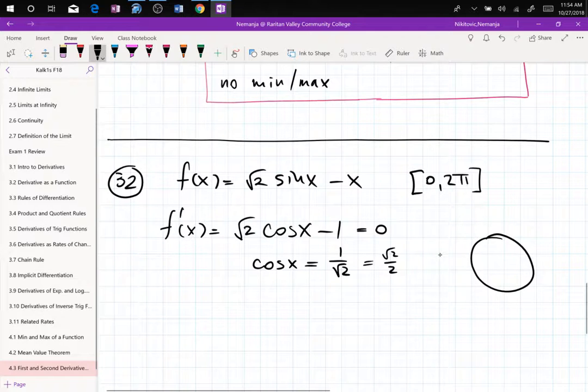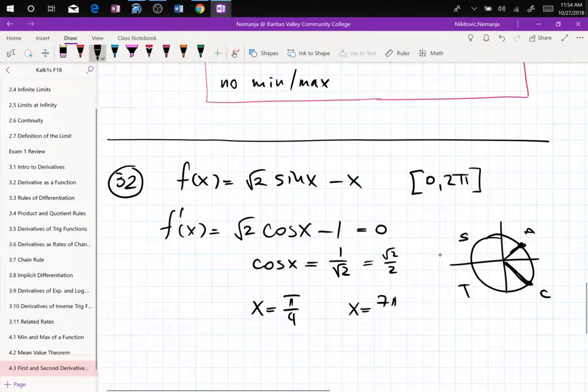Now, on the unit circle, all students take calculus. Cosine is positive in the first quadrant and the fourth quadrant, so these are our answers. We're looking for x equals pi over 4 and x equals 7 pi over 4.